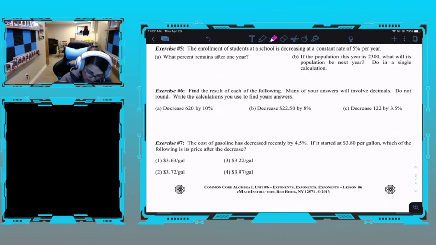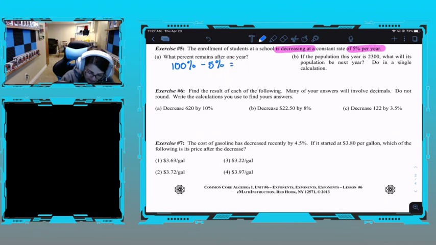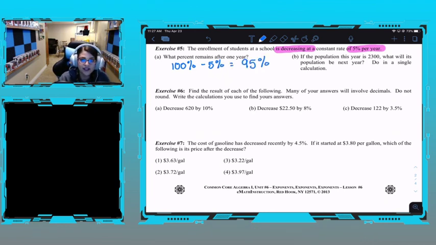So, let's try another example. The enrollment of students at a school is decreasing by 5% per year. What percent remains? So if your original is 100% and we're decreasing, so we take away the 5%, we're really left with 95% remaining.